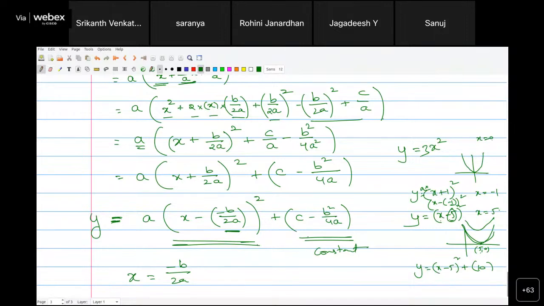And the constant value which you are seeing will actually be the y coordinate of the vertex point. Whether it will be moving above c minus b square by 4a units or below by 4a units depends upon the sign of this. So x equals minus b by 2a is the axis of symmetry.